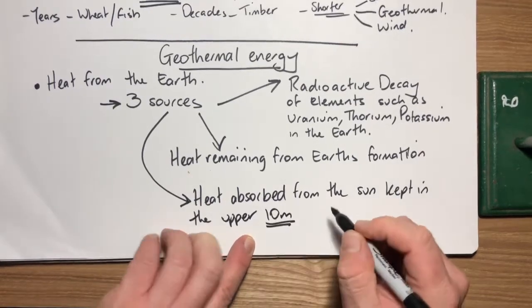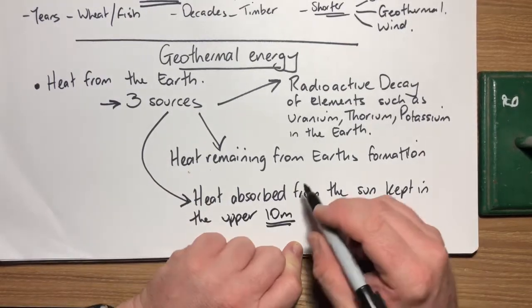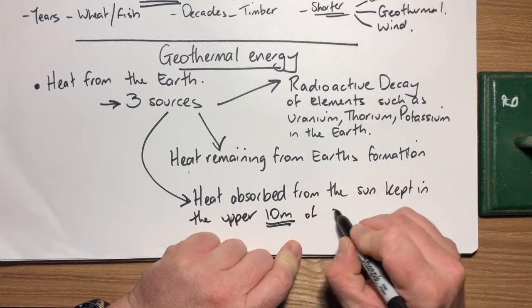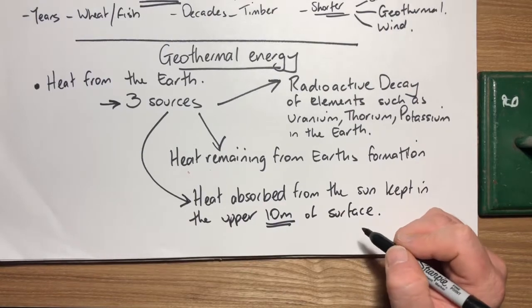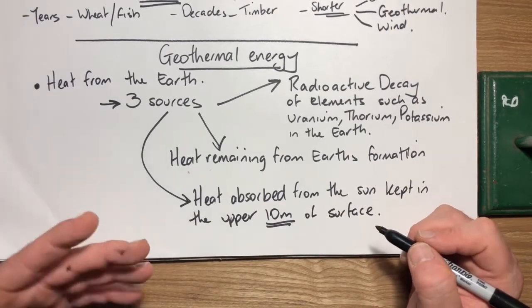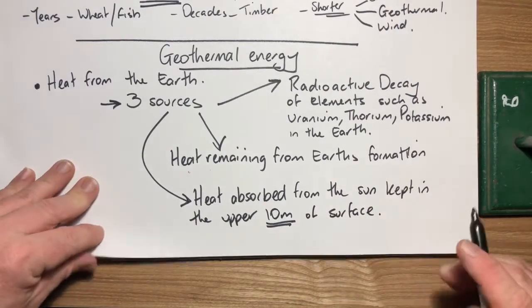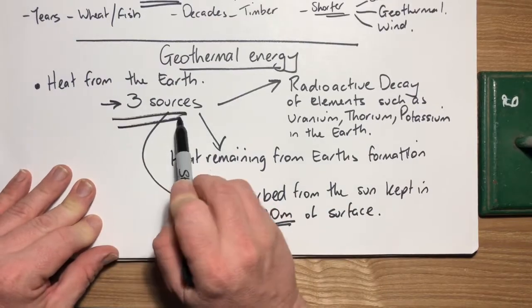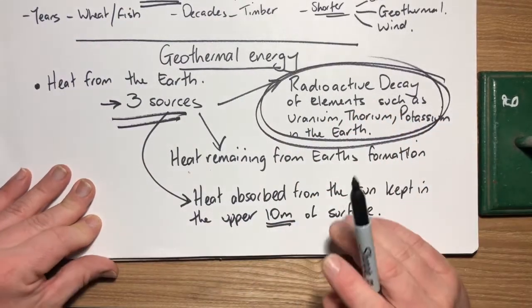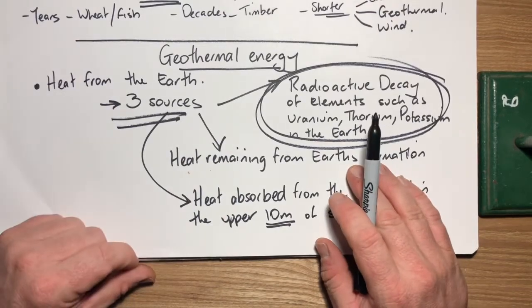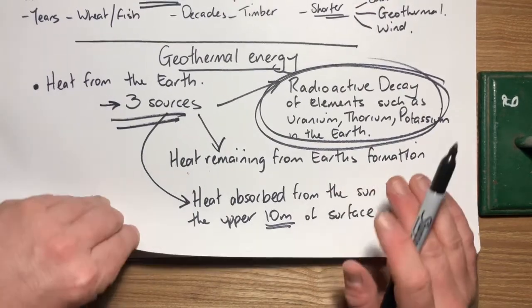But you notice here it's only in the upper 10 meters of the surface. Doesn't have any great deal of influence further down within the Earth. So there are three sources of energy. Radioactive decay is our primary source of all heat. All right, let's turn over.